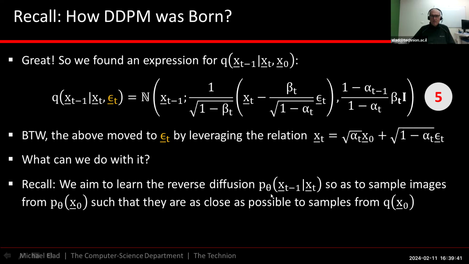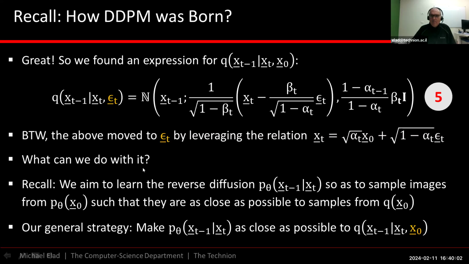And the idea was that the reverse probability with which we will sample should be as close as possible to this expression, so that eventually p theta of x0, the learned probability of images, is matched with the true probability of images. So the message was, make p theta of xt minus 1 given xt as close as possible to this expression.